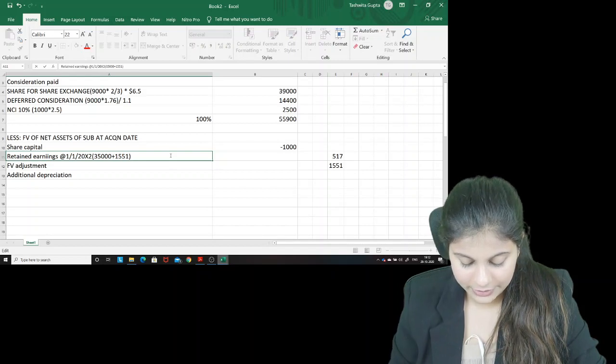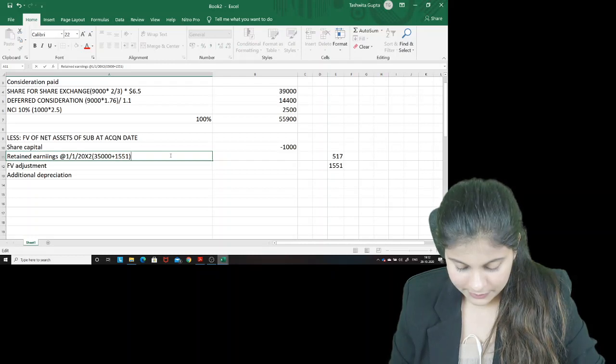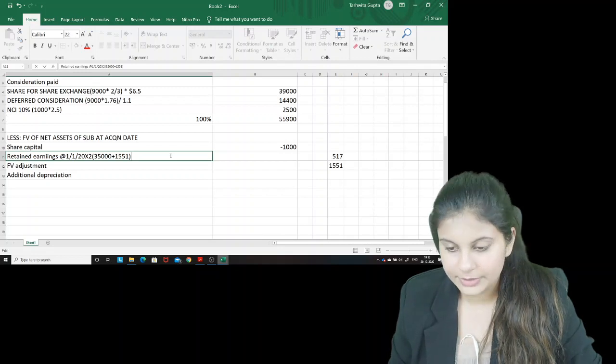Let me use my calculator. $6,200 divided by 12 into 3. Yes, 1551.